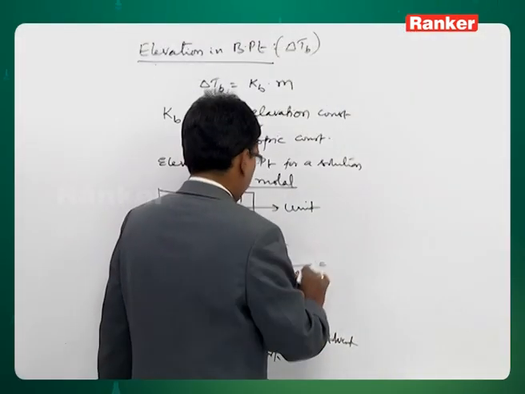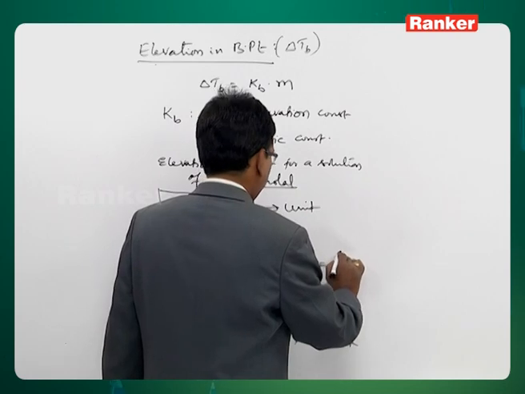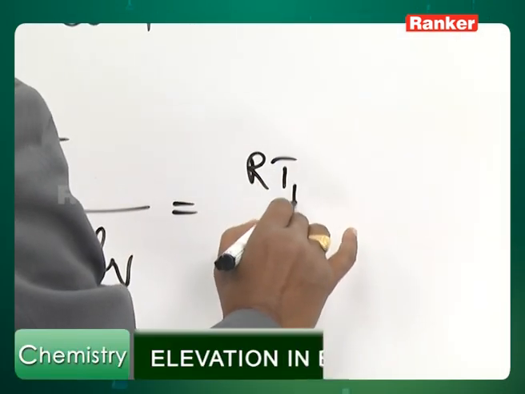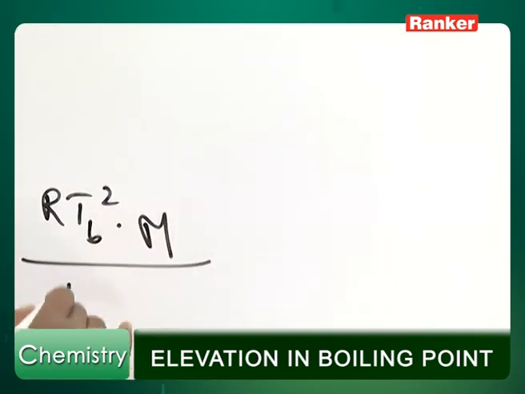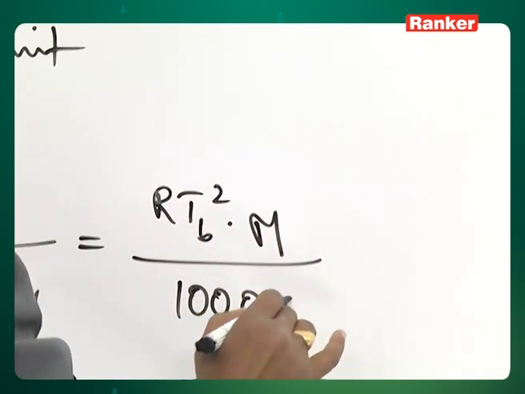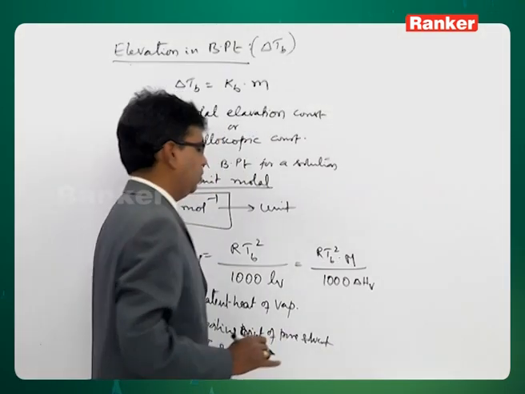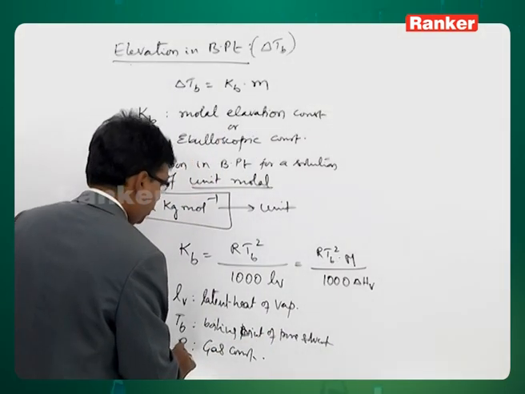The same thing also we can write as R Tb square into m by 1000 delta Hv. What is delta Hv?